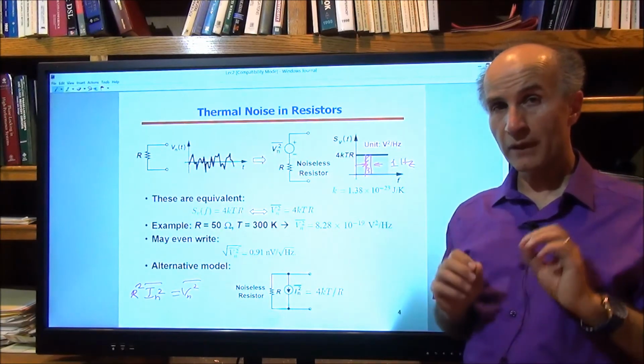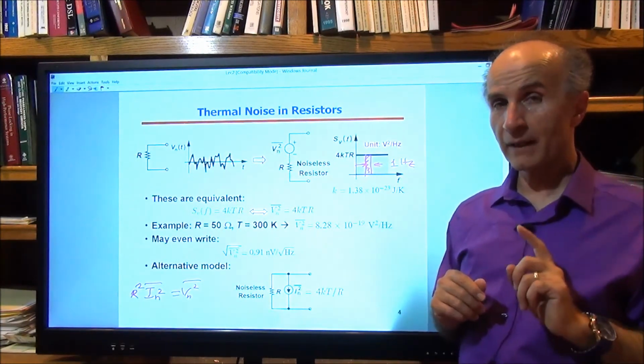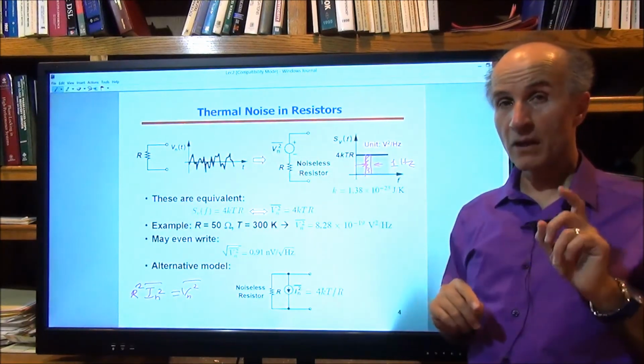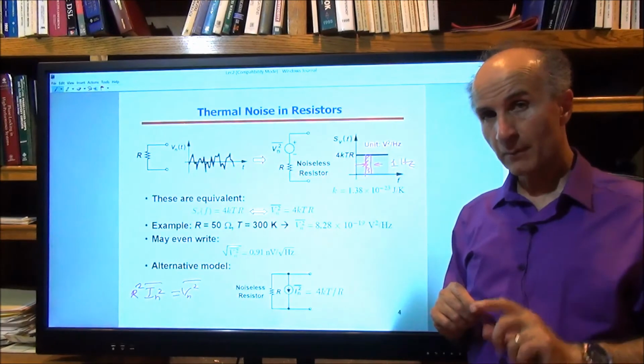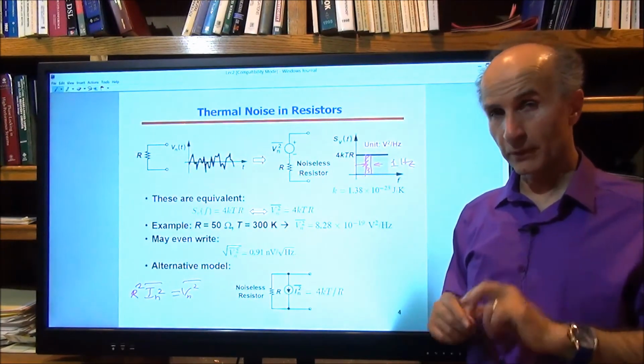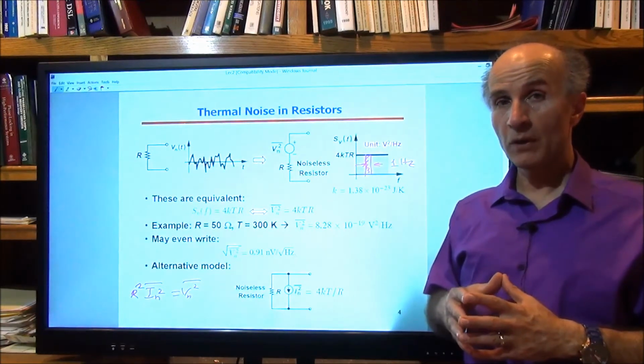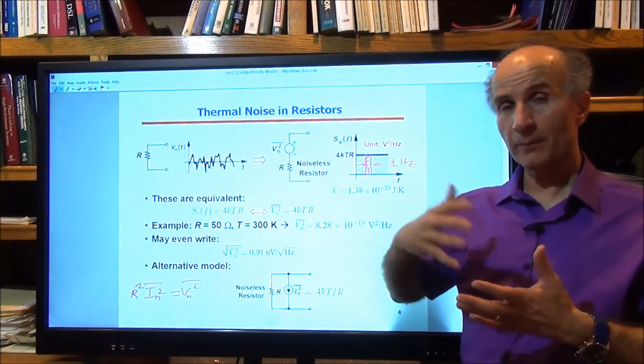So, a few notes. Number one, it is important to understand that the unit of this spectrum is not watts per hertz, but volts squared per hertz. If you remember last time, we said that sometimes we are not interested in the transfer of power.